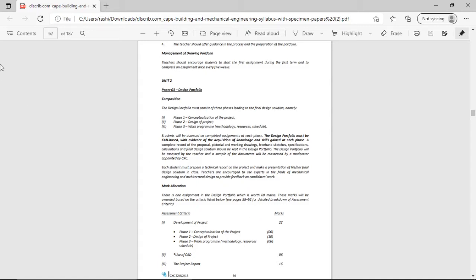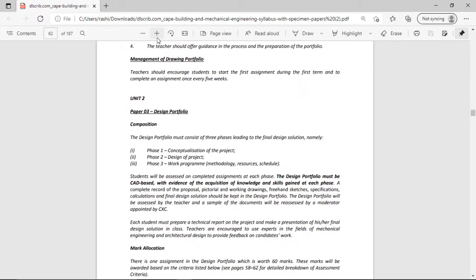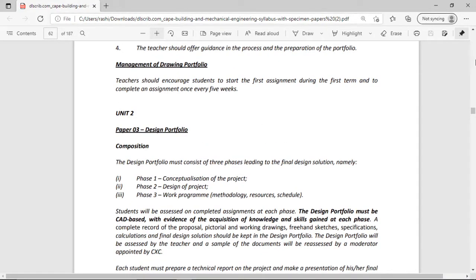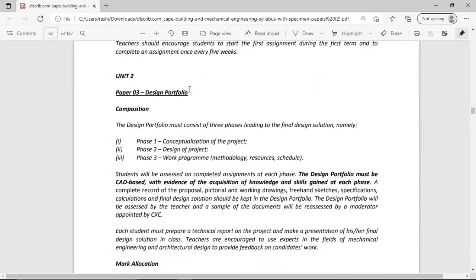So here, let me just zoom in a bit. Alright, that's good. So we're looking at the different components, the composition, what should be in your IA portfolio. Now let me just start off by saying that the Unit 2 IA is going to be different than any other IA or SBA you would have done so far for technical drawing, and the reason for that is because it requires a lot more writing.